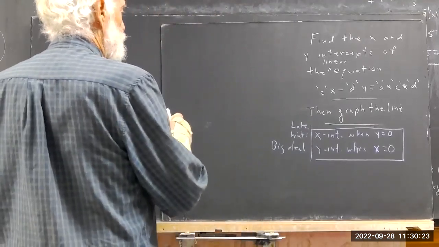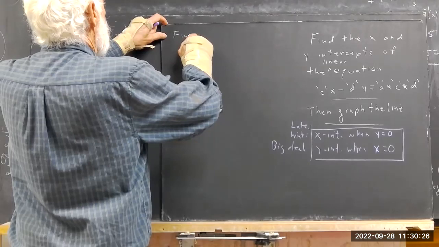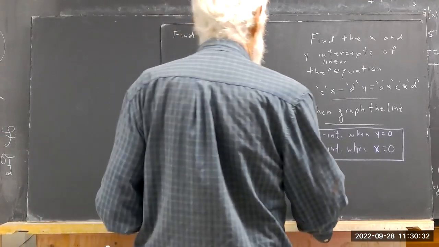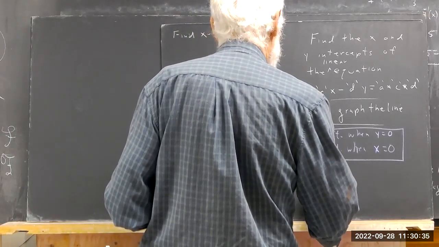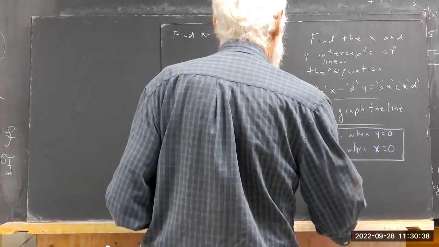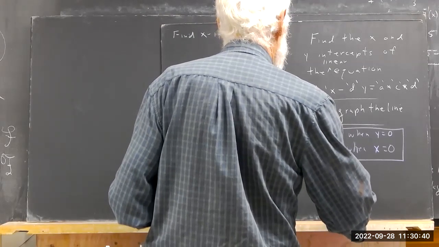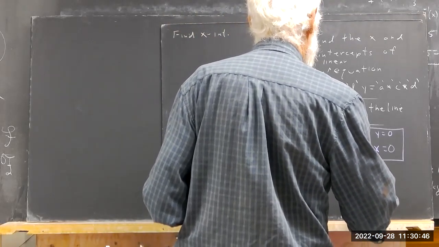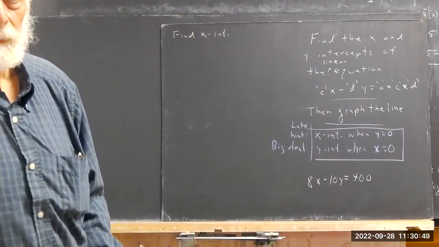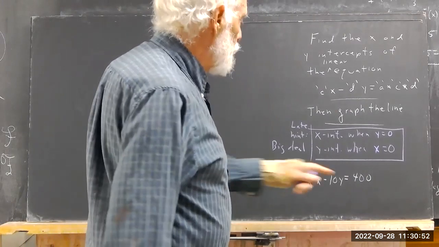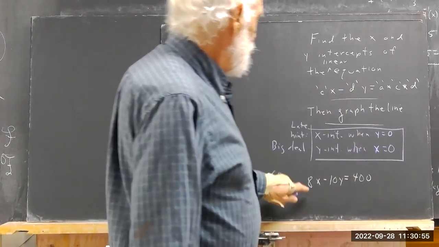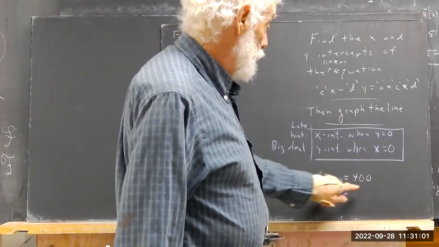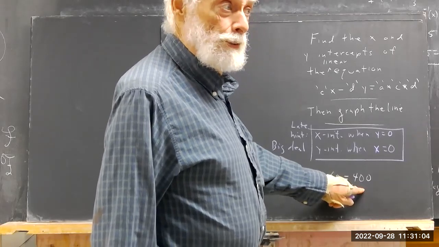Now let's say my equation is 8x minus 10y equals 400, just to use easy numbers. But whatever your numbers are, the way I've set this up, whatever number you have here is going to divide evenly into this, and whatever number here is going to divide evenly into this.